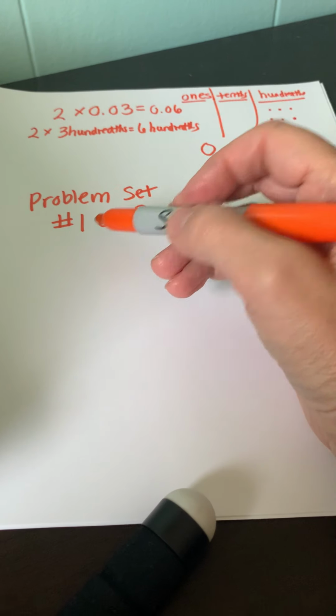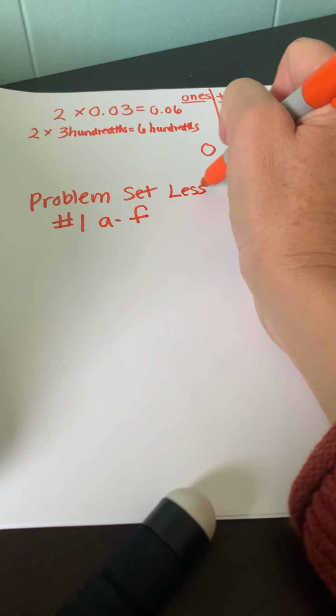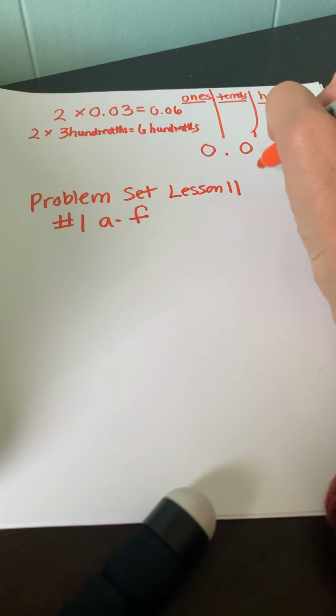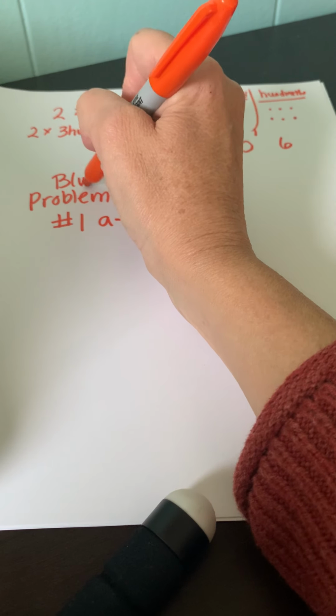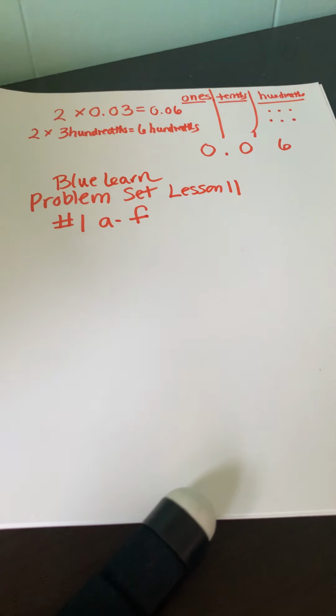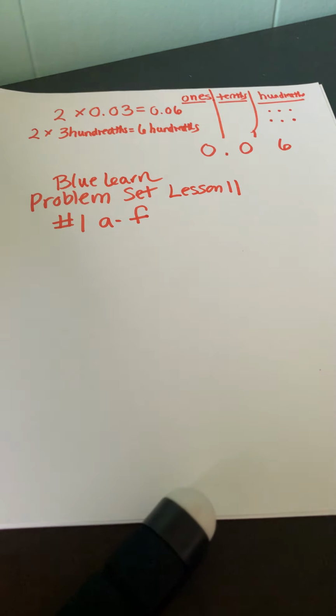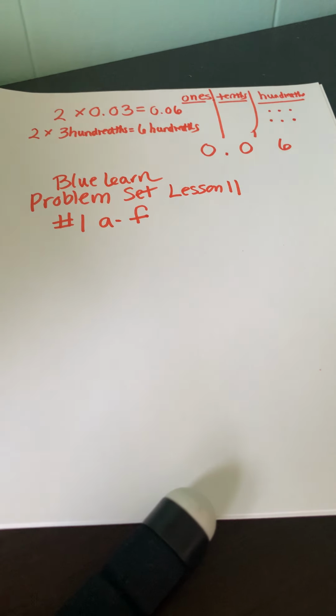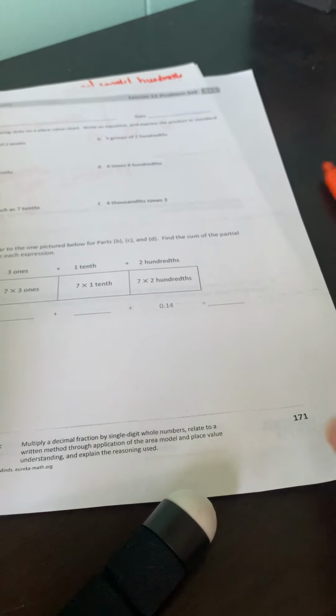So you're only going to do lesson 11 in your blue Learn book, just the top part of your problem, number 1, A through F. It will look like this. It's the same type of problems we just practiced doing. So go ahead and try those. It looks like this, right on the top. 1A, B, C, D, E, and F. And then when you're ready, press play and we'll go over those.